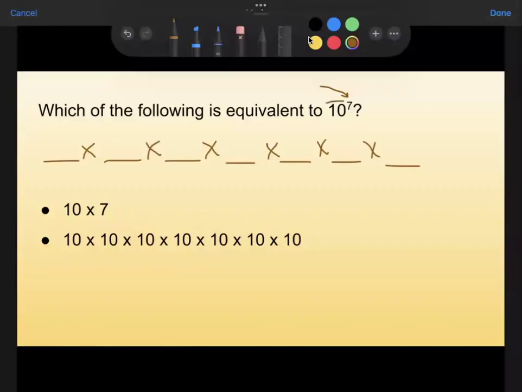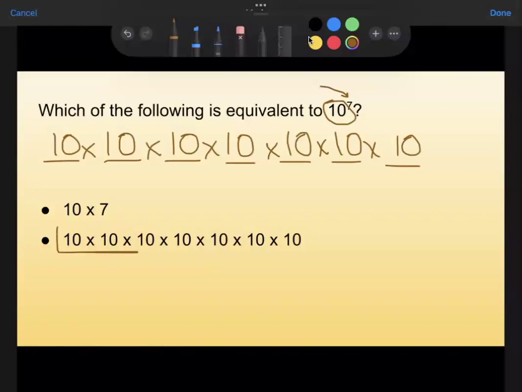Okay, now 10 is the base, so that is the number that's being multiplied. So I could put 10 in each of these blank spaces to rewrite the expression. And you can see by looking at it that this second choice is the one that matches or is equivalent to 10 to the 7th power.